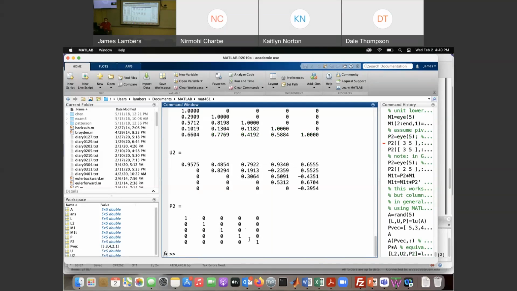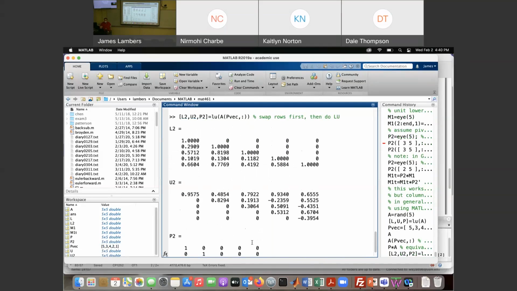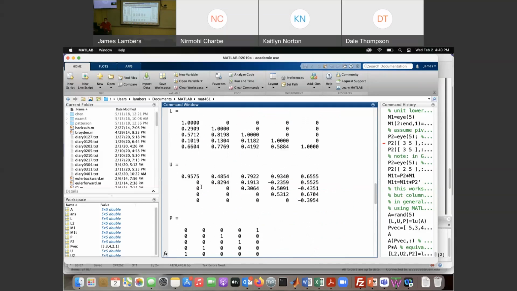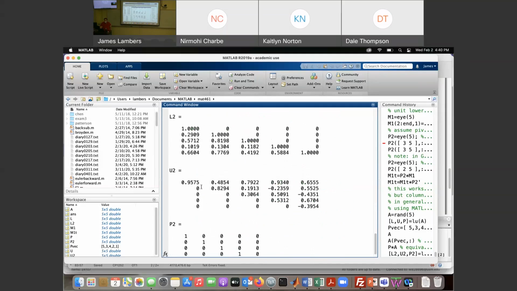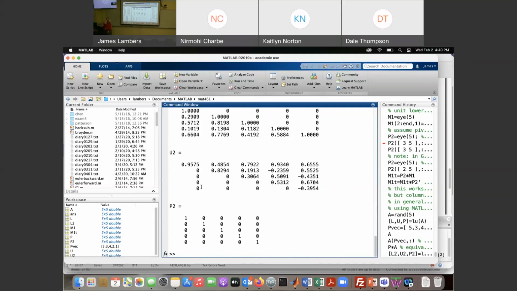So the permutation matrix in this case is the identity. And if you compare the L2 and U2 here with the L and U from above, yes, they are the same. So I just happened to know what row interchanges needed to be made from the first run, went ahead and formed them up front, and then you do LU without pivoting to determine that no further row interchanges needed to be made.